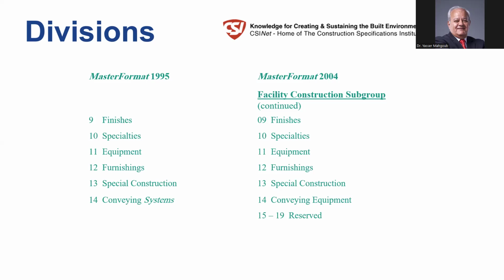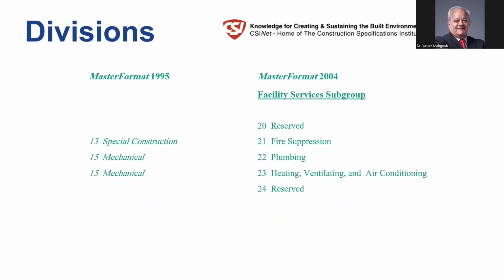Some of the divisions are the same, and others were not there before. So instead of only mechanical, they have several items: fire suppression, firefighting, the fire alarms and firefighting systems must be specified. How many will be in this area?